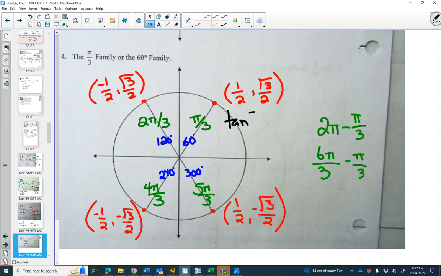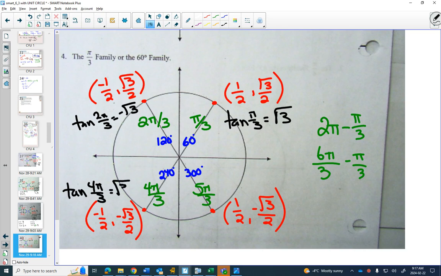And from your special triangle, tan of 60 degrees or tan of pi over 3 is the square root of 3. That makes tan of 2 pi over 3 negative root 3. Tan of 4 pi over 3 positive root 3 again, and tan of 5 pi over 3 negative root 3 again.